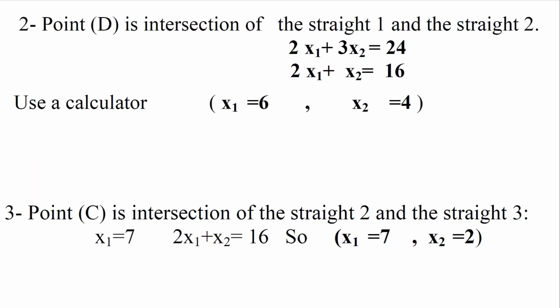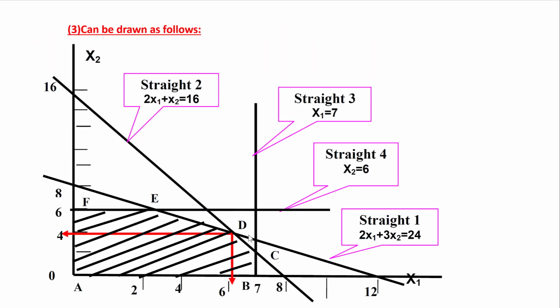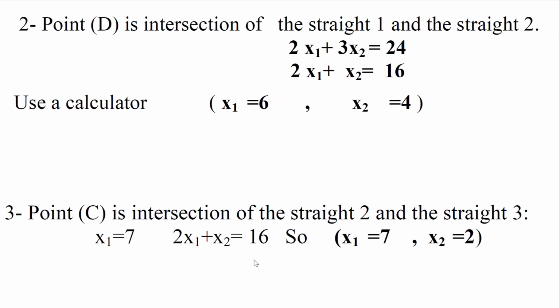We do the same with point D, which is the intersection between line 1 and line 2. Line 1 is 2x1 + 3x2 = 24. Line 2 is 2x1 + x2 = 16.